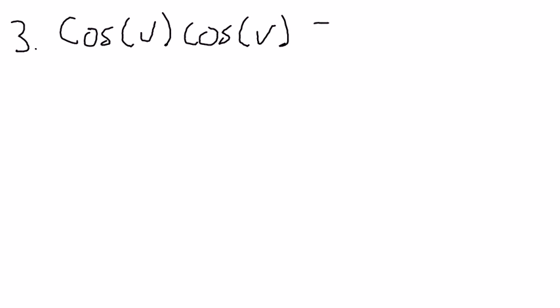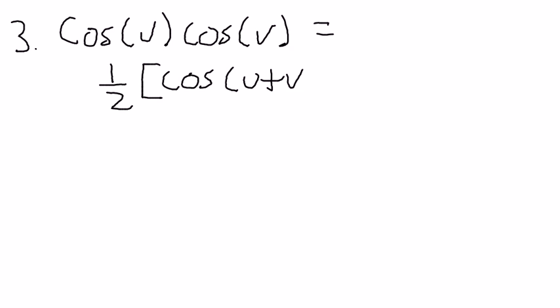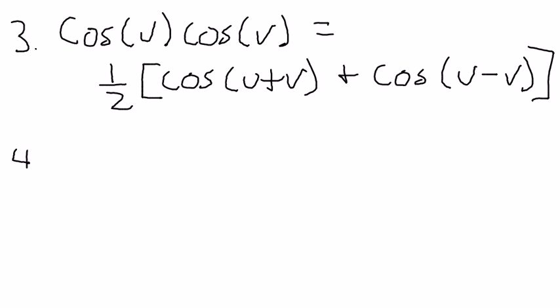Two more. The third one here is the cosine of u times the cosine of v. I can rewrite that one as 1/2 times the cosine of u plus v plus the cosine of u minus v. And finally, what if I have something that's sine-sine?